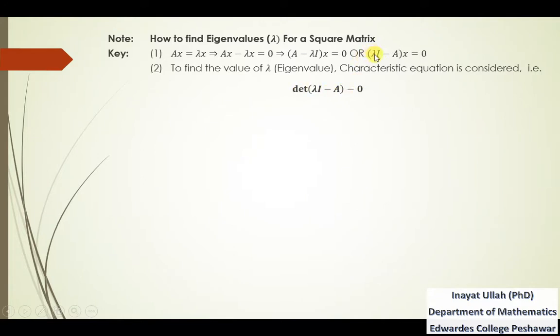That is called the characteristic equation for this matrix A.